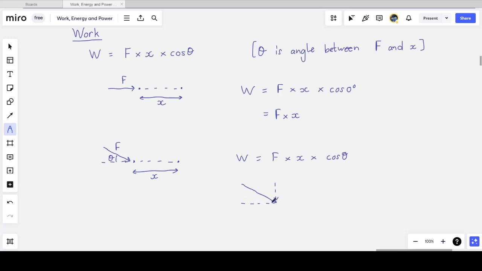Remember, any force, any vector rather, can be broken up into components that are perpendicular to each other. So this force that's down and to the right has a downward component and a rightward component. Now I'll call the downward component Fy, and I'll call the rightward component Fx. And since these are just lines as vectors.